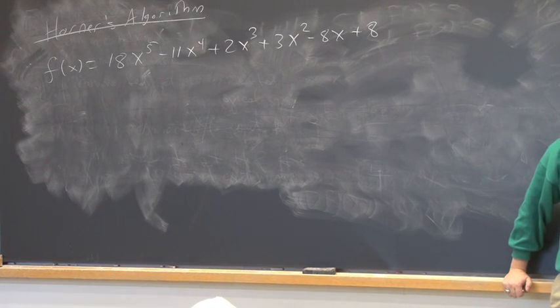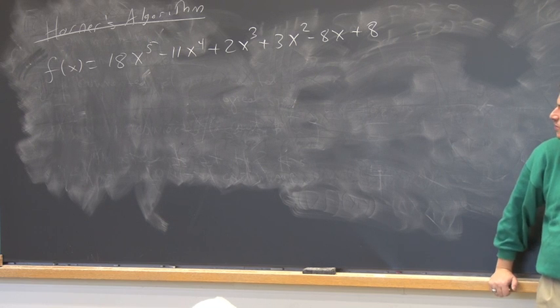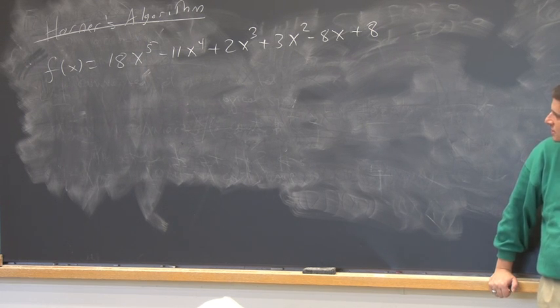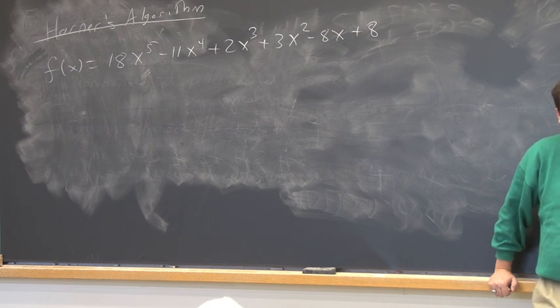How many multiplications does it cost me to evaluate 18x to the fifth for a specific value of x? 6? I think it's 5. It costs me 4 multiplications to get x to the fifth, right?